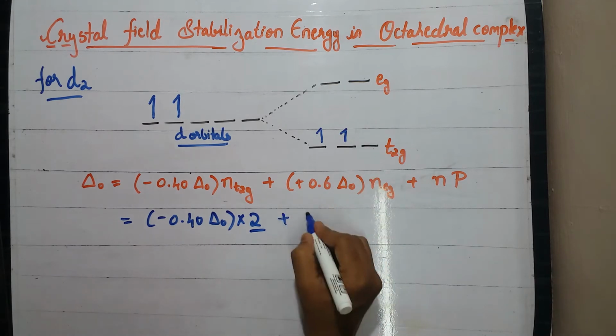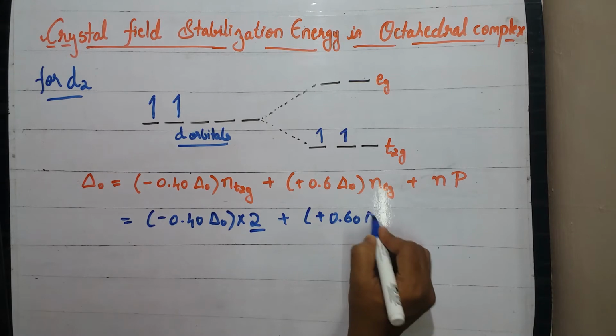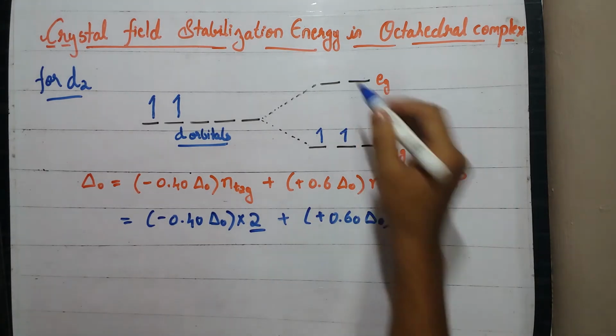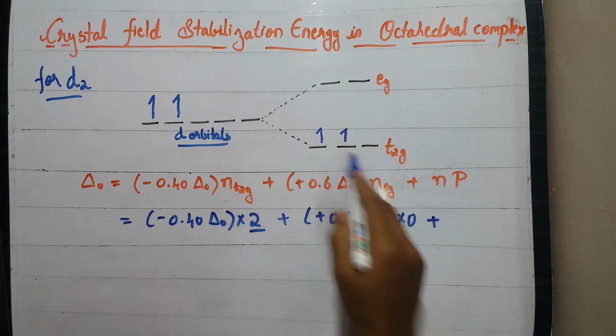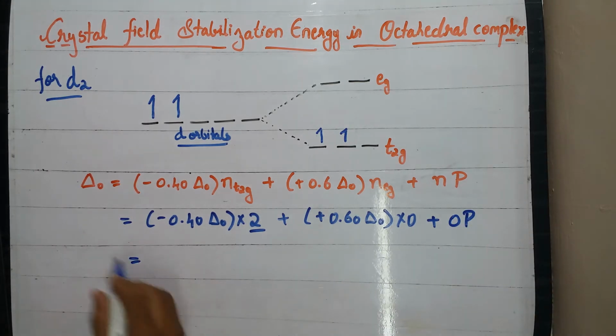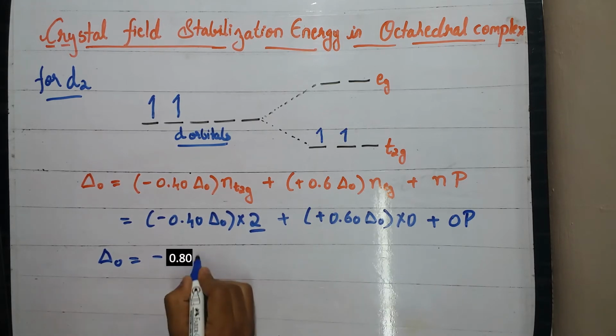Then comes plus 0.60 delta naught into the number of electrons in the Eg level. The number of electrons in the Eg level is 0, so it would be 0. The number of paired electrons is 0, hence it is 0.